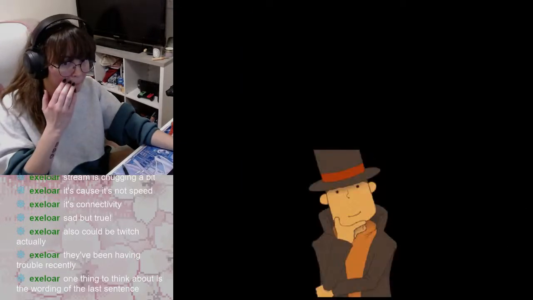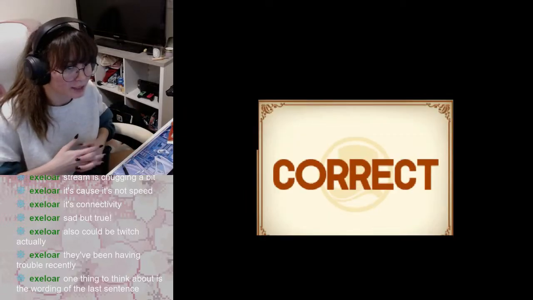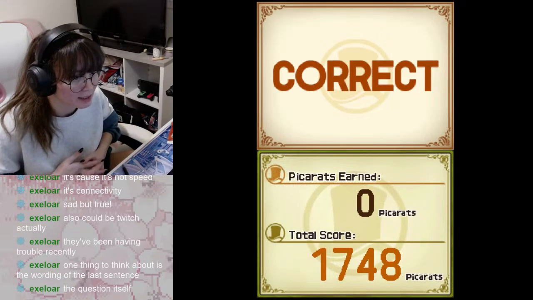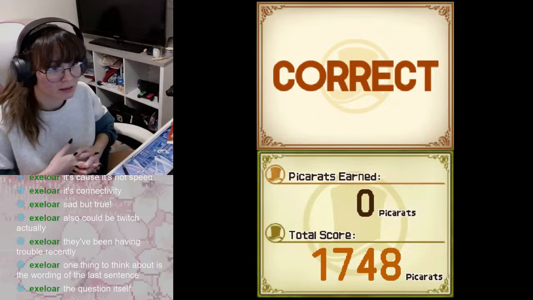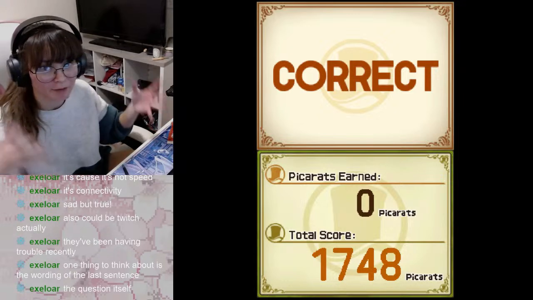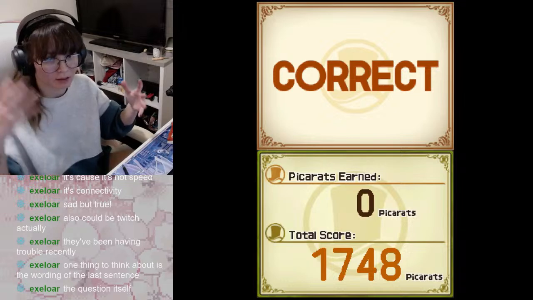Consider this puzzle solved. One thing to think about is the wording of the last sentence, the question itself. Because he's continuously running at 5 feet per second, the dog. Right?